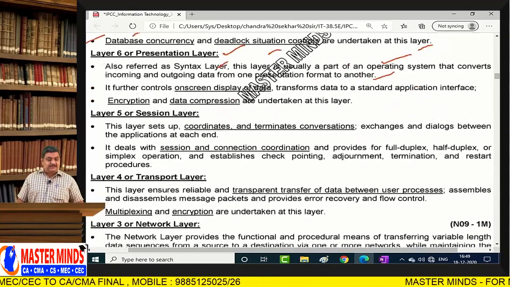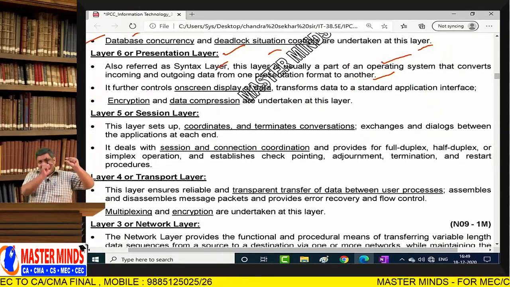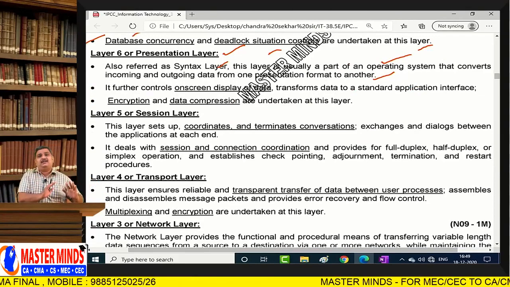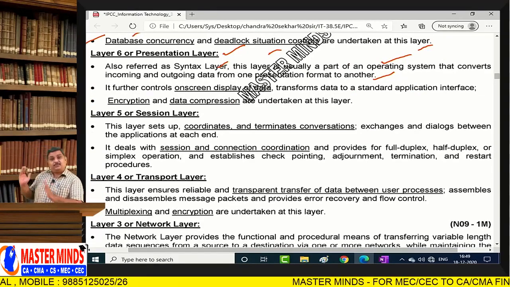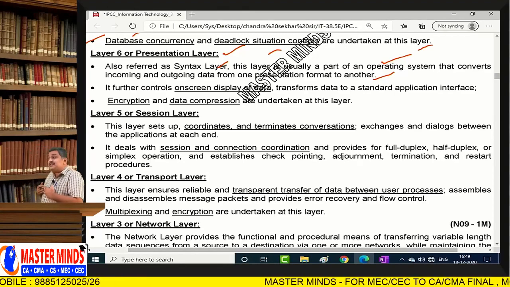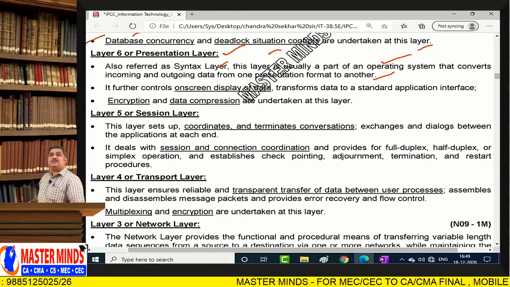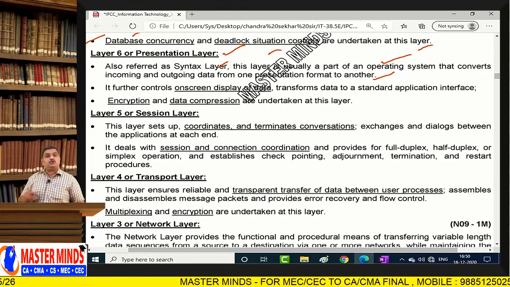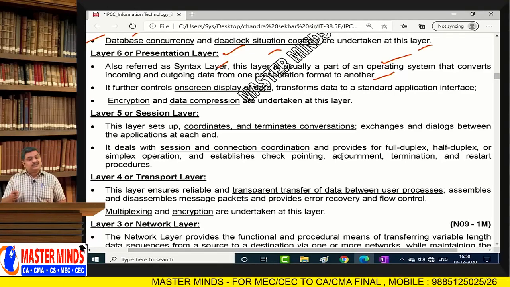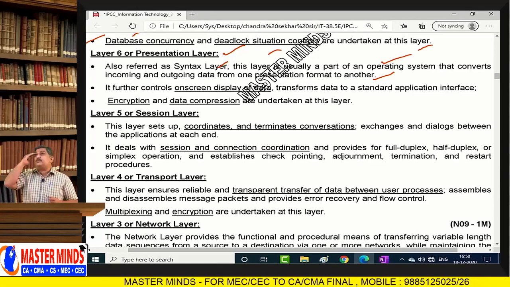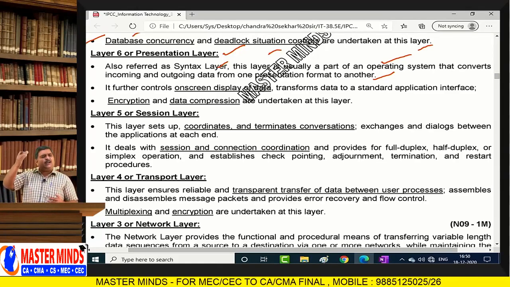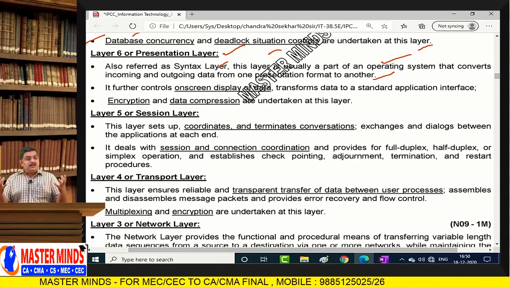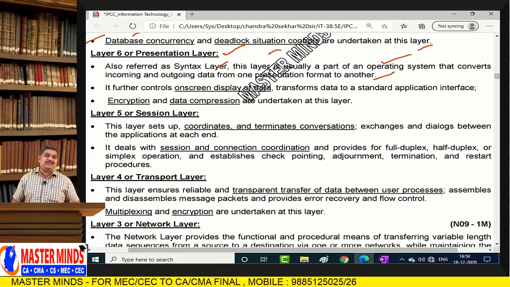And now the session layer. Okay, my hello, its color, its presentation, everything is copied. Okay, and now it is ready to be sent. Now I have to establish a session with my receiver, a session with my friend. That is why sometimes when you go to an ATM and insert a card and you miss entering your password because you are thinking, in the meantime a session expired message will come.